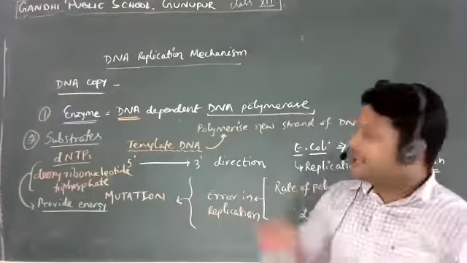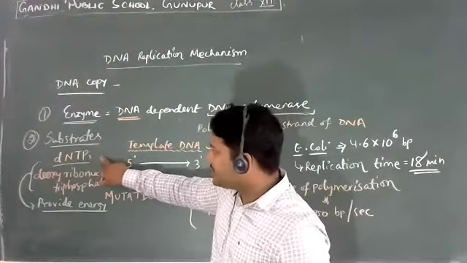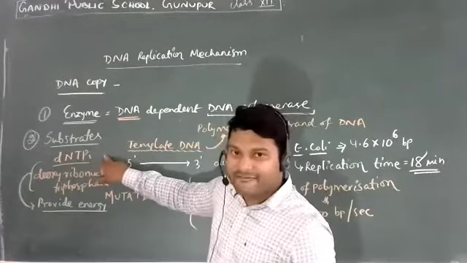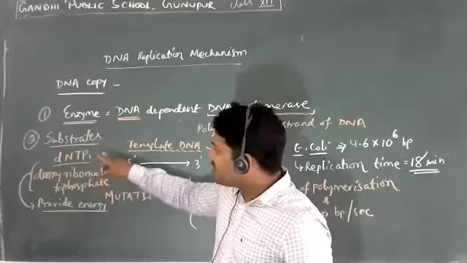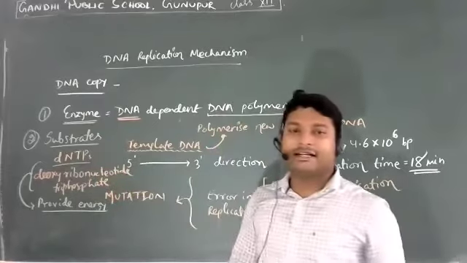So the DNA polymerase is going to polymerize the deoxyribonucleotide triphosphates, and it is also going to take the energy for the process from the dNTPs.